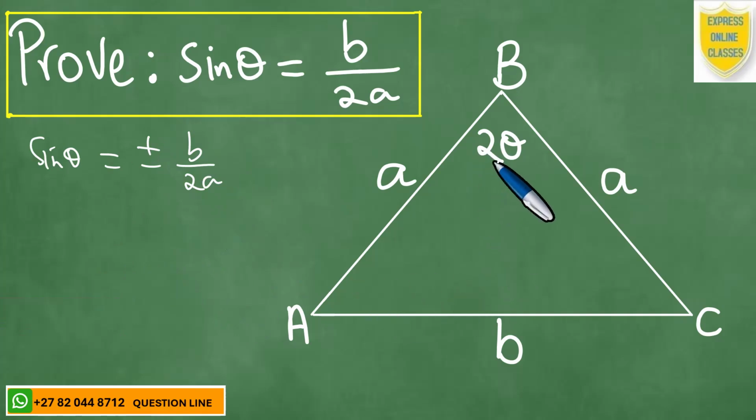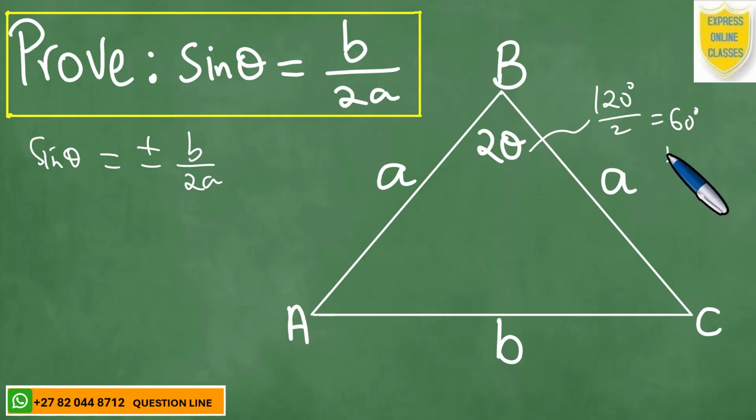But in view of the fact that this angle 2 theta can be either acute or obtuse, if this angle is as large as just shy of 180 degrees, maybe 120 degrees, you divide it by 2, you get 60 degrees. And this makes it acute.